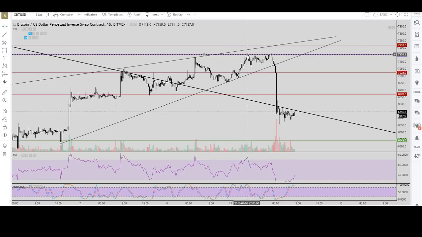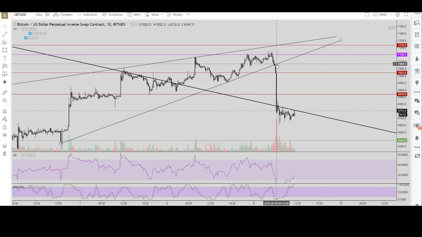Okay, so if I would have spotted this, I would have shorted around here, and I would have set my stop loss above the next resistance. I would have taken 50% profit at the side of the wedge here. If you know me, you know I like to take safe profits. It's just how I operate. I like to try to build my account every single day. So I would have taken 50% profit here, and then I would have let the other 50% ride, probably taking like 25% here, 25% here, something of that nature.